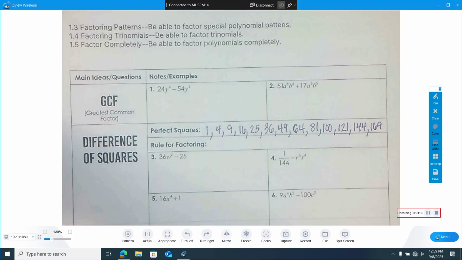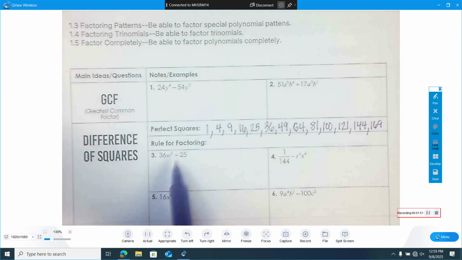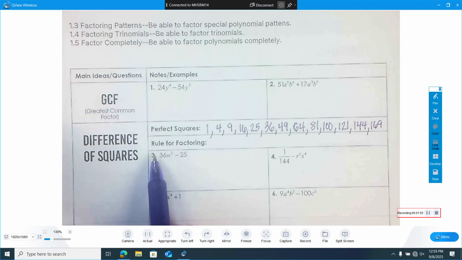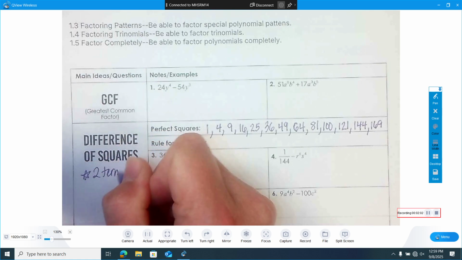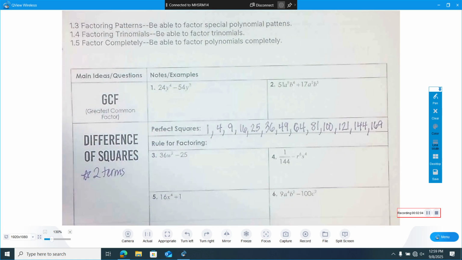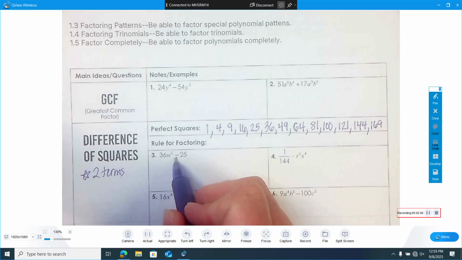Okay, so I don't like thinking about the rule for factoring for this one because it actually factors just like we're going to learn how to factor tomorrow. So I know, for instance, number 3 is called difference of squares because I see two terms, first term, second term, and it has a subtraction.